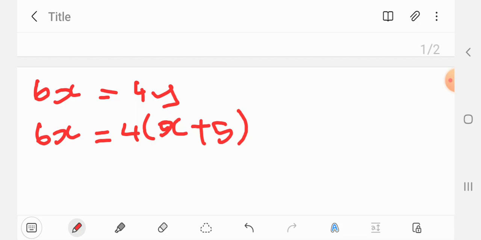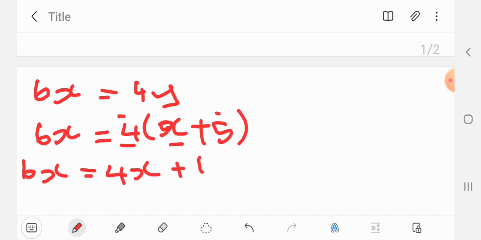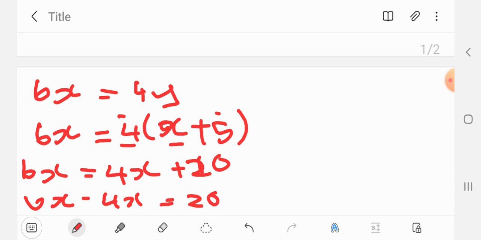Okay, so that is how we'll write it. And then we will have 6x equals 4 times x, it's 4x. The 4 times the 5, it's 20. So we have 6x minus the 4x equals 20. So 6 minus 4, we will have 2x equals 20.